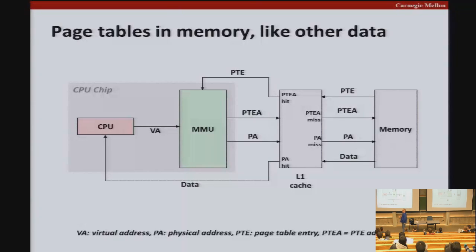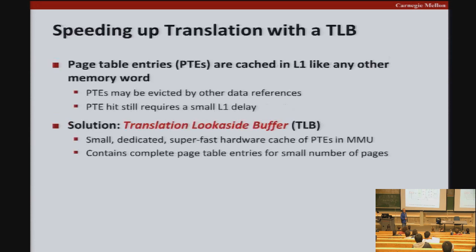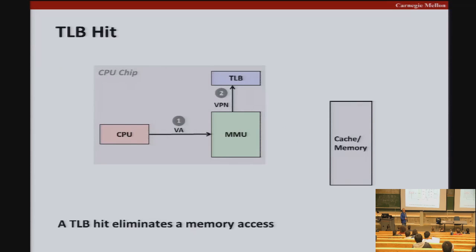If we get a TLB miss, then it's like what was over here before, and we have to go to the cache. The hope is that a very small number of entries in the TLB will provide us with lots and lots of hits so that we don't have to make 2 memory accesses for every memory request by the CPU.